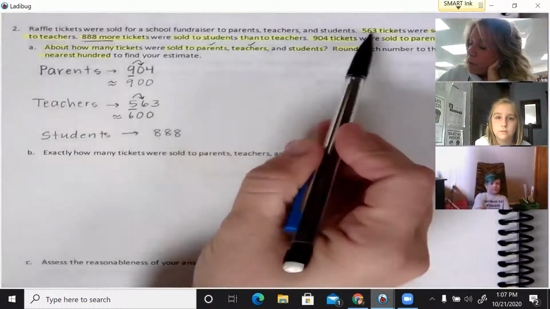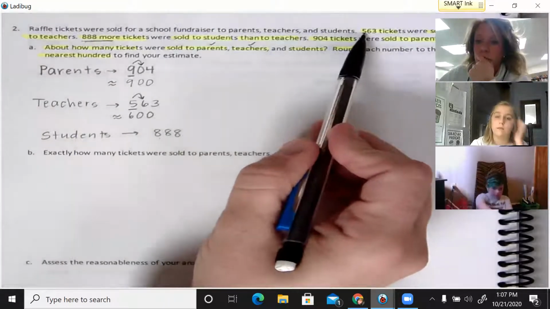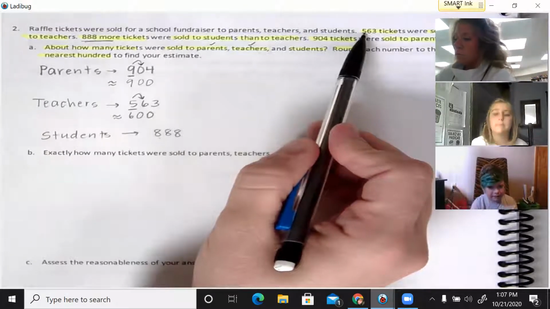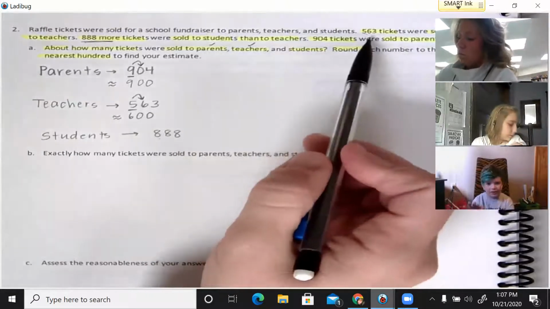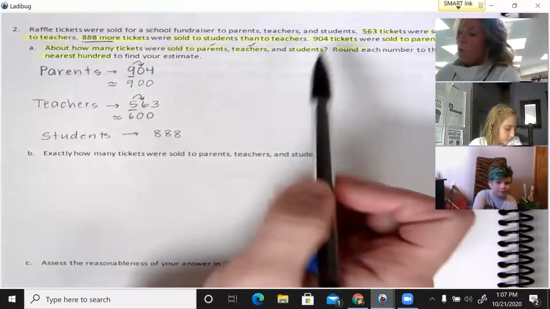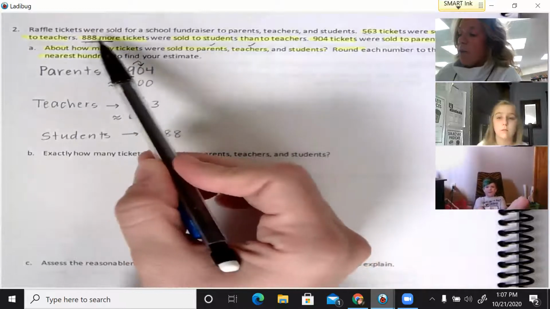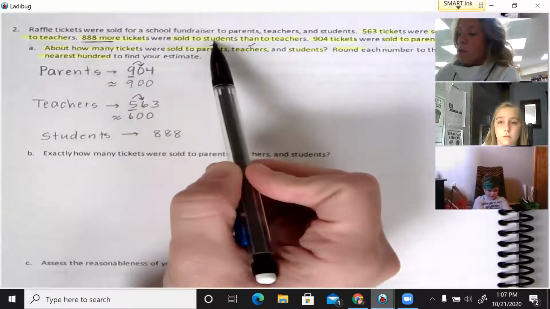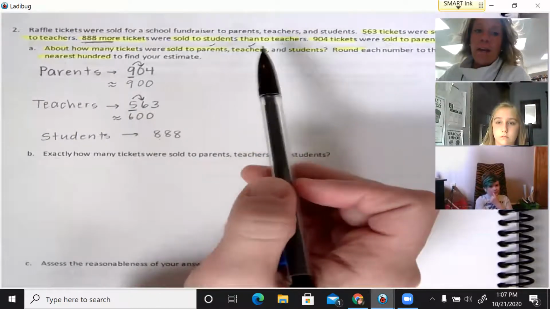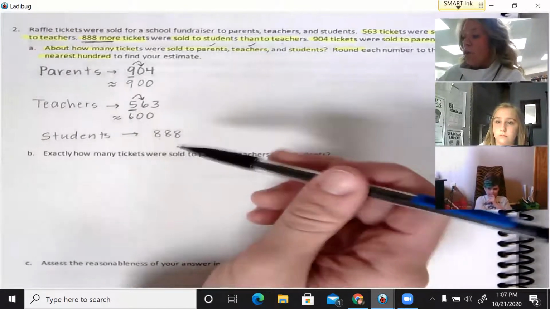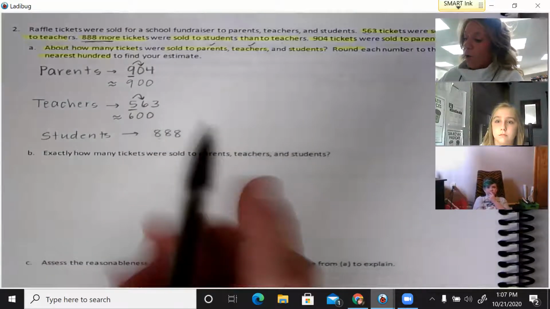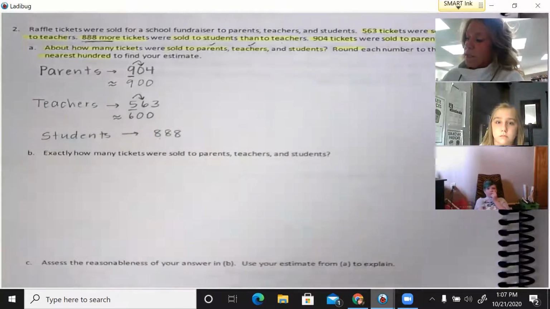Why? Because we need to add 563 and 888 to find the amount of tickets that were sold to the students. Right, because it says 888 more were sold to students. So we need to round the teachers and then add another 888 because they sold that many more than the teachers. So we already know that the teachers were about 600.